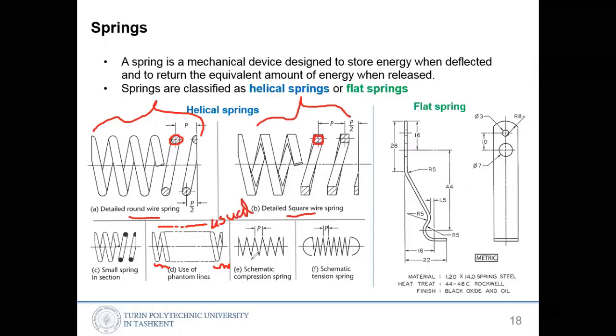In very big diagrams, or in simpler equipment drawings, you can show this kind of schematic representation also. Schematic representation of 2 types. One side is the flat one. Okay, so both tips are flat, schematic compression spring and schematic tension spring.